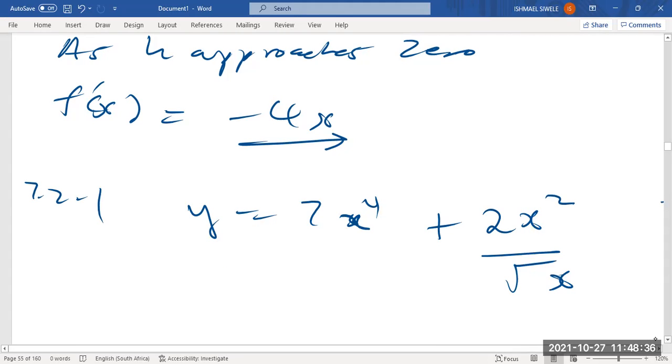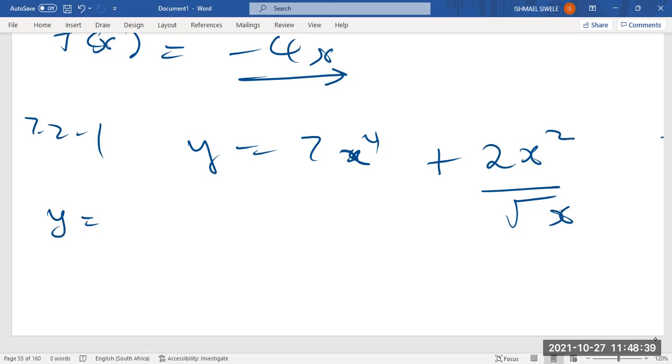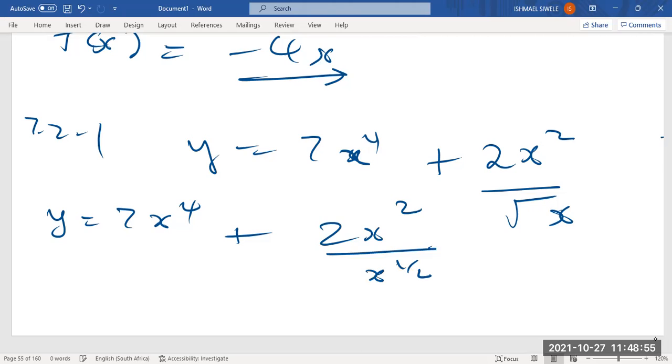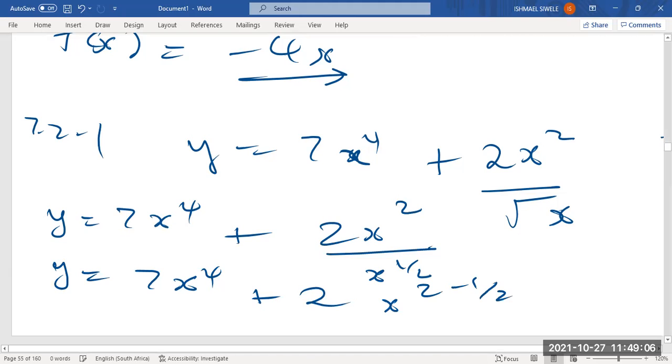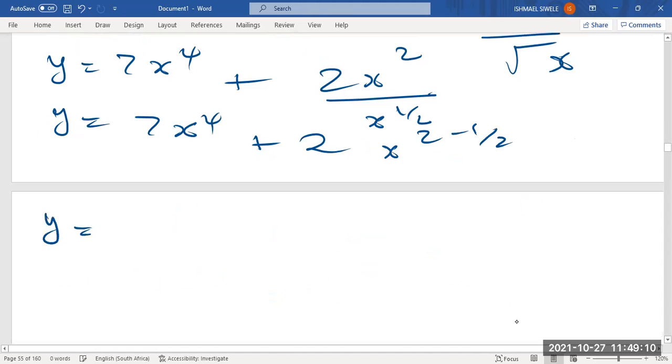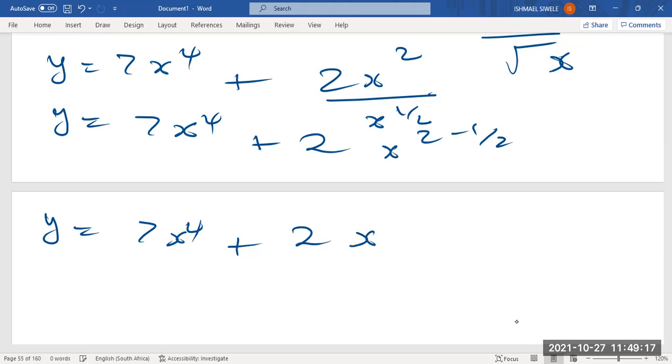So let's simplify this first. So y is equal to 7x exponent 4, which is fine, but then this one here is a problem, so let's work it out. 2x squared over the square root of x is the same as x exponent 1 over 2, right? So let's work it out first: 7x exponent 4, then plus 2x exponent 2 minus 1 over 2, that is 3 over 2.